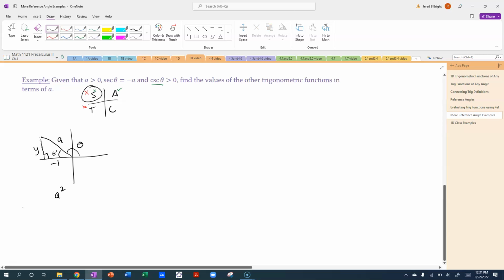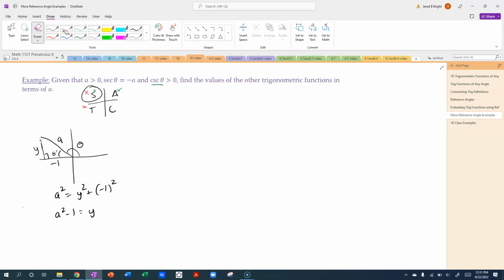I do a squared is equal to y squared plus negative 1 squared. So then solving, a squared minus 1 is equal to y squared, square root both sides, plus or minus. And in this case, y is negative square root of a squared minus 1 because of the quadrant.